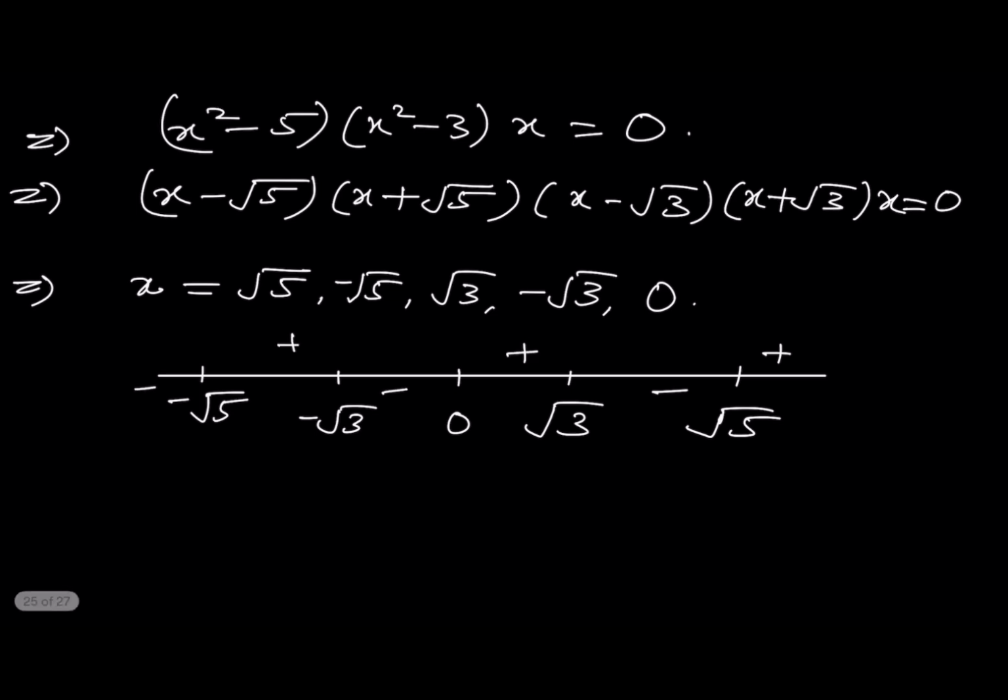If the sign is changing from minus to plus, then at that critical point there will be minima. From positive to negative there will be maxima. Again minima, again maxima, again minima.